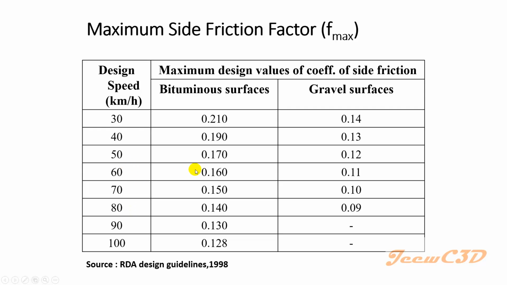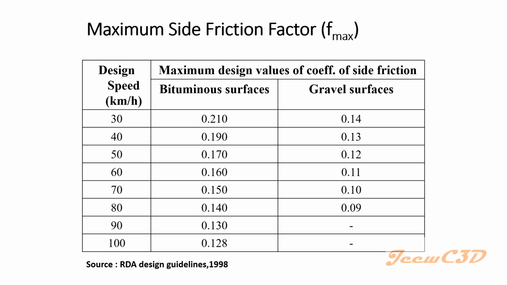The bituminous surfaces are the asphalt surface or the tar roads. So those are the friction values for tar roads, and this is for gravel roads, which we are using in village roads. So these are the factors you have to use when calculating the minimum radius for a horizontal curve.